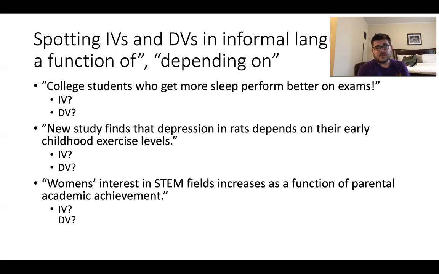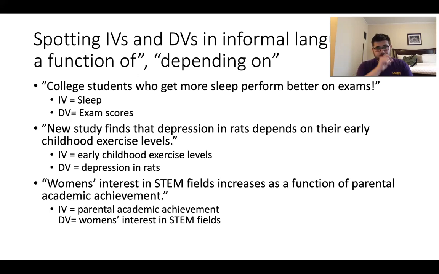Women's interest in STEM fields increases as a function of parental academic achievement. In all of these, there's some variable that's supposedly causing the other variable. Either sleep is causing exam scores to change, or early childhood exercise levels is causing depression to change in rats.